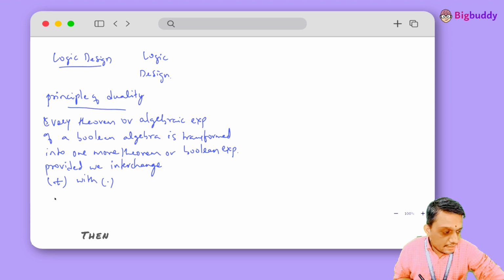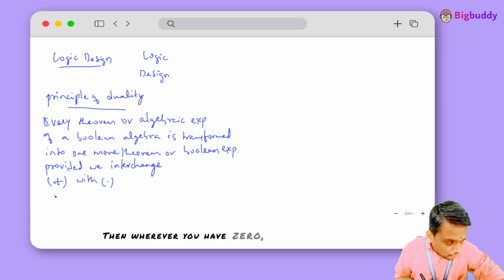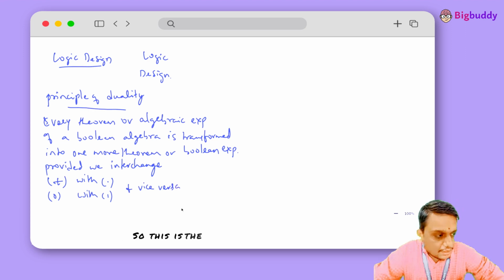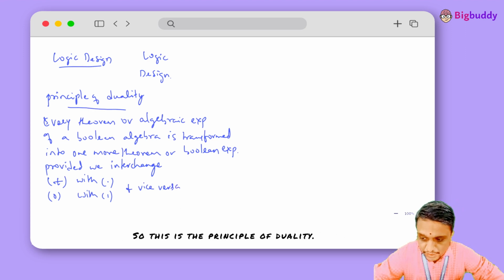Then wherever you have 0 you interchange 0 with 1 and vice versa. So this is the principle of duality.